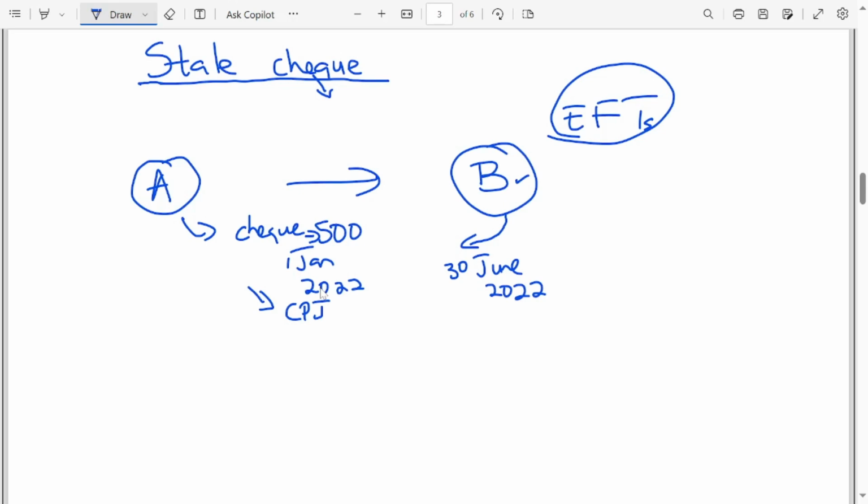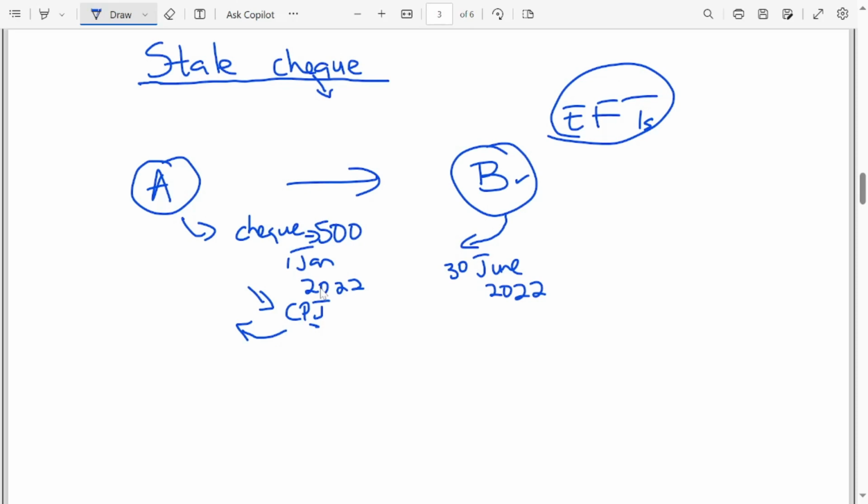Once it is 6 months, this check is going to be called a stale check. A stale check is a check which has stayed for 6 months or more, which must then be cancelled. So now business A has to cancel this check.